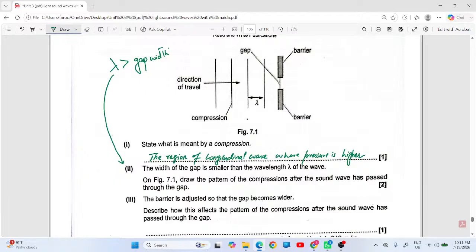तो diffraction होगी कि नहीं होगी? जी माहिदा, diffraction होनी चाहिए कि नहीं होनी?